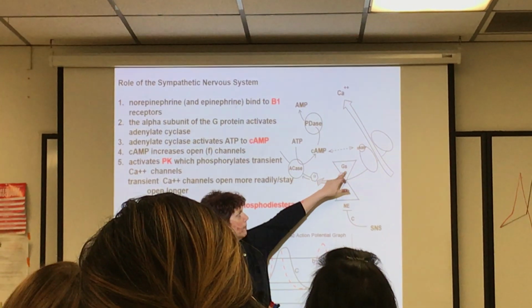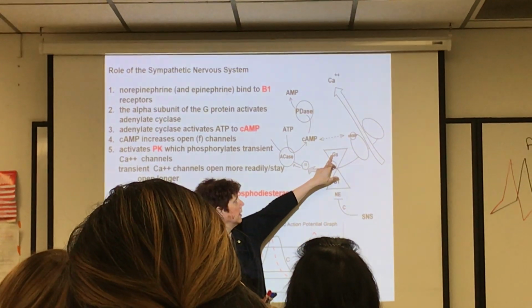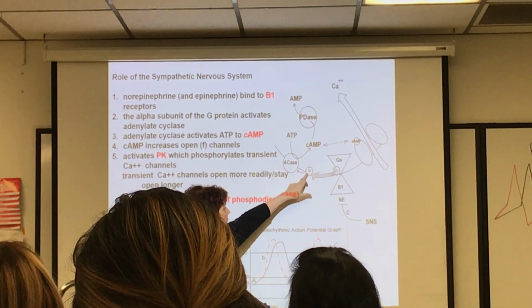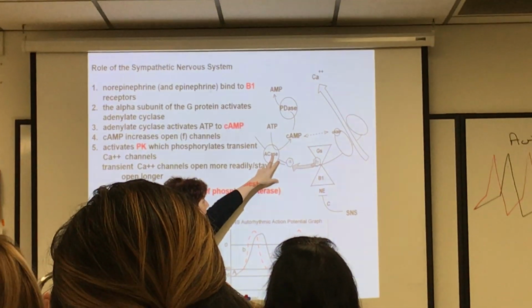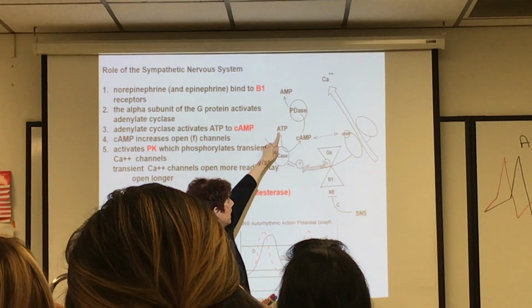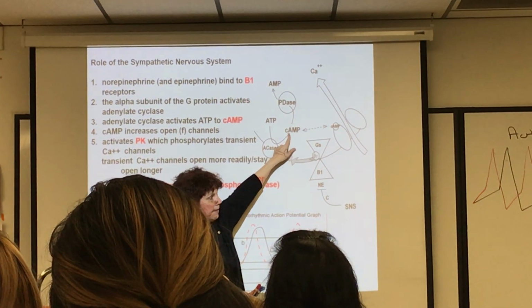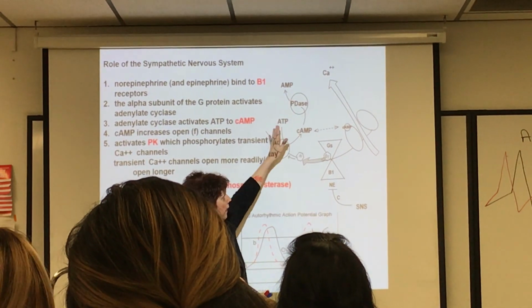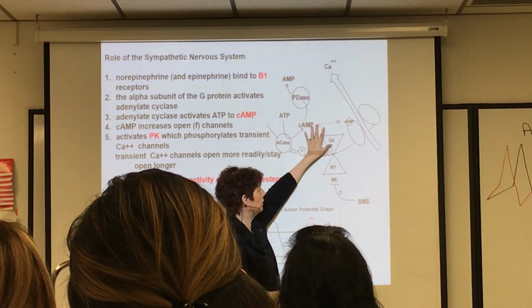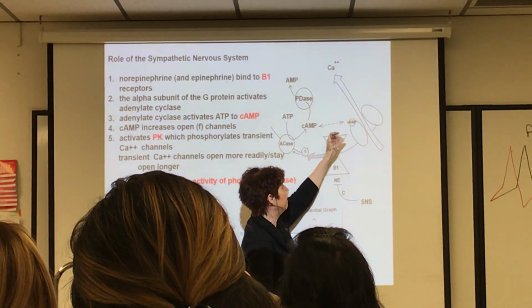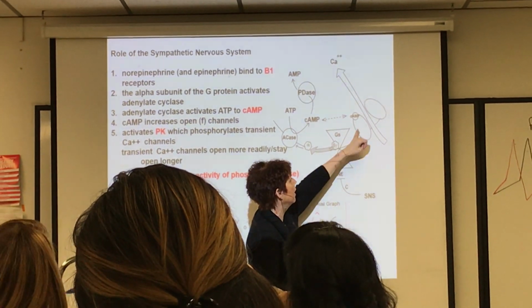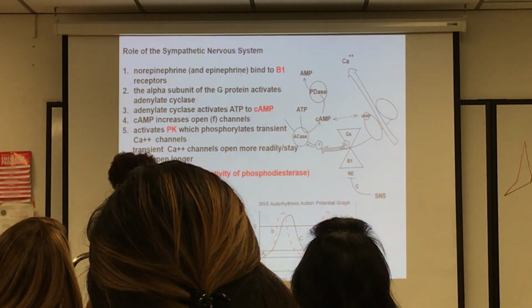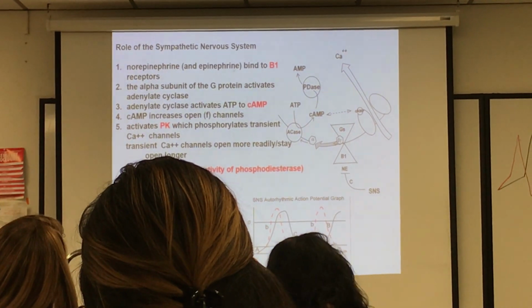So this means a stimulatory G protein, which is our alpha-1 subunit. Our alpha subunit activates adenylate cyclase, which takes ATP and converts it to cyclic AMP. And that cyclic AMP itself will open up our funny channels, and because of protein kinase, it will cause transient calcium channels to open earlier, okay?